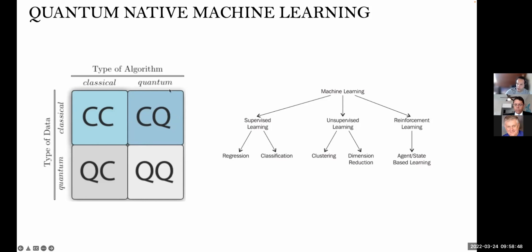The sweet spot for quantum machine learning is in the CQ quadrant, where we use classical data, raw, unstructured data, and try to solve that with quantum algorithms. This is the most common way, because most of the data out there is classical data. We don't have that much quantum data. If we can fix that, we can use quantum computing to address it. I think that's where the biggest area is.